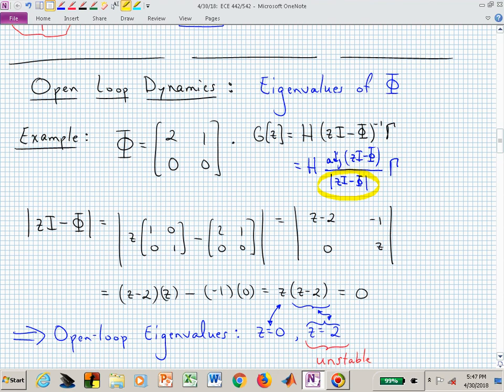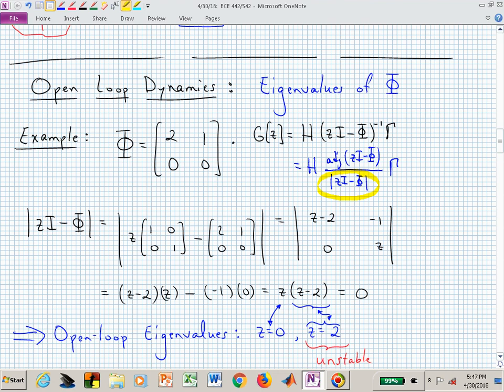And that's what I'm trying to illustrate here by the arrows connecting the different pieces. You can make that second order polynomial vanish 2 different ways. You can make it vanish by setting z equal to 0, or you can make it vanish by setting that second factor equal to 0, which would be when z is equal to 2.